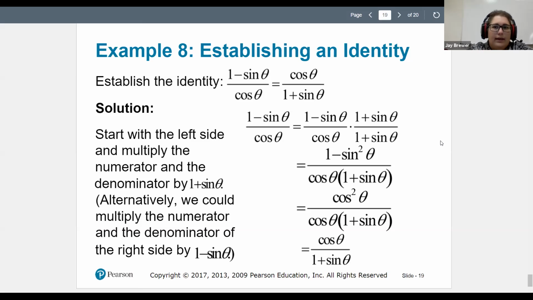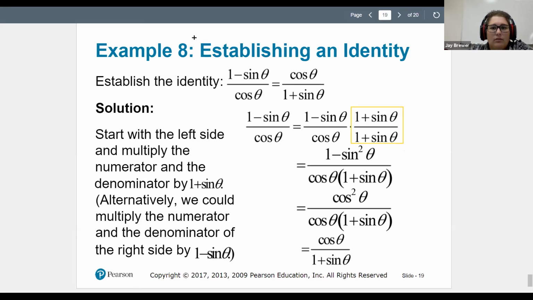Right. Establishing an identity. 1 minus sine theta over cosine theta equals cosine theta over 1 plus sine theta. Okay. So they chose to start on the right, and they're multiplying by that factor of 1 again. And they're doing that why?